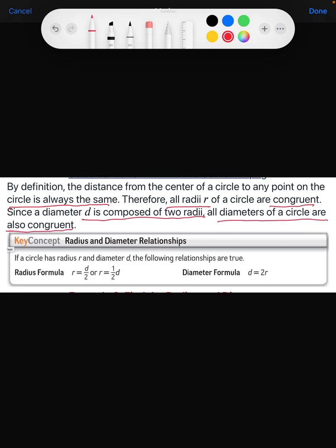So if the circle has a radius r and diameter d, the following relationships are true. So our radius is 1/2 the diameter, or d over 2, and our diameter is 2 radii. So remember, if we're looking at the circle, our diameter has collinear radii, so we have radius and radius. So diameter is 2r.